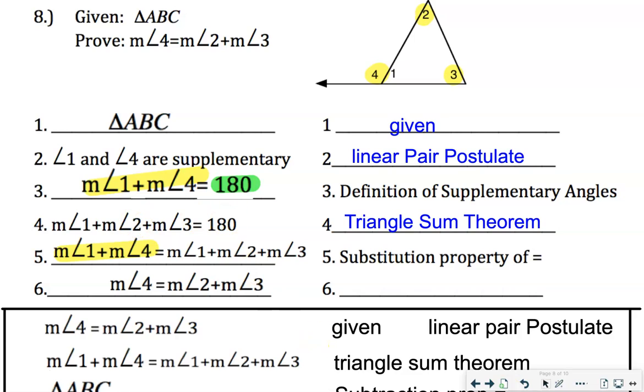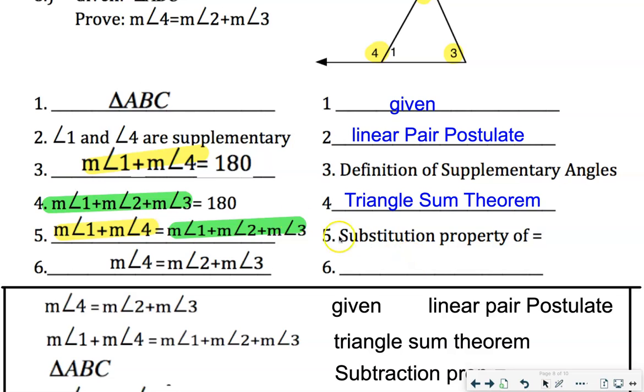And this also equals 180. I'm just setting the green and the yellow equal to each other. Since the yellow equals 180 and the green equals 180, yellow has to equal green. Kind of a transitive idea about substitution.